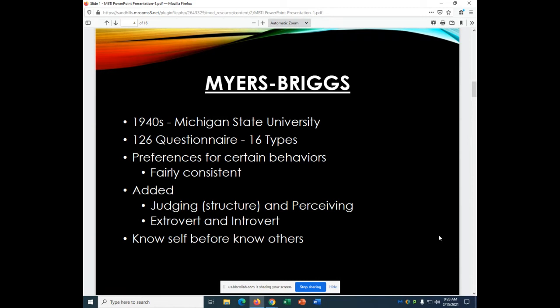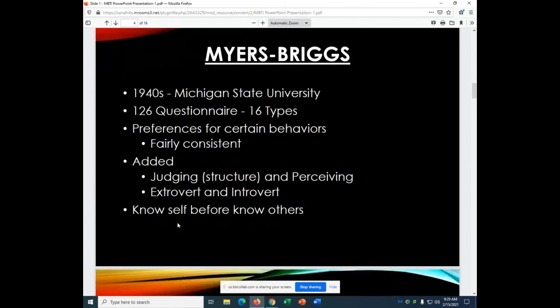And then what we need to do is to send them to officer training school, and we need to put them in positions of leadership that are life and death. Can you help us? So that's when they took the information from Jung and expanded it, all right, to include judging, which is structure, organization, versus perceiving, that's the gut, intuition, and extrovert versus introvert.